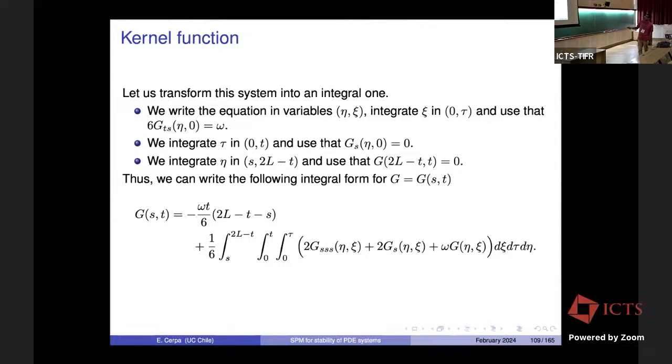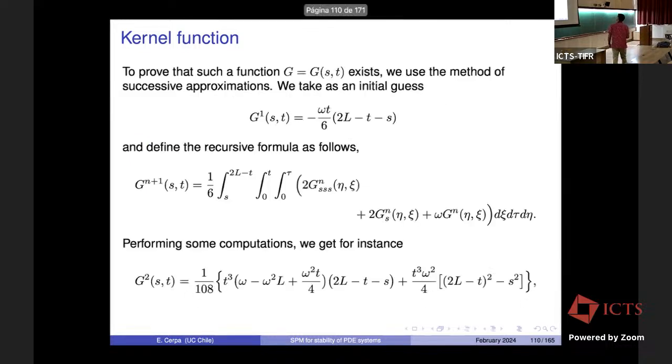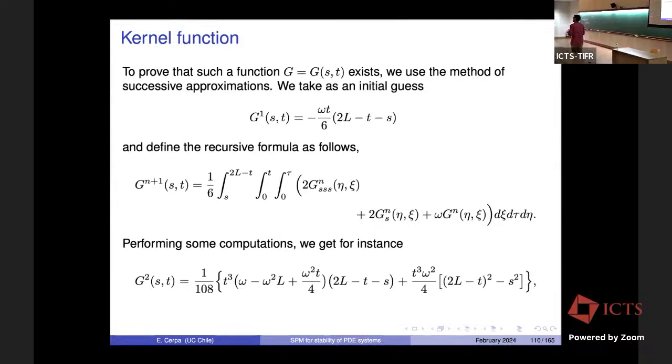This one has a different form, but is equivalent to the other one. What is nice is that here the following approach works, which is the method of successive approximations. What does it mean? In fact, it is the same approach as for the wave equation.